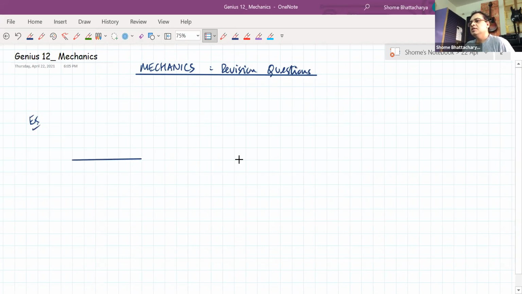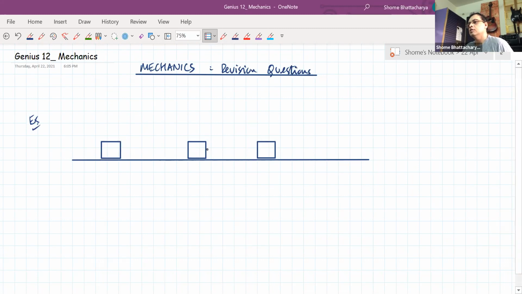So we have a situation like this on a smooth frictionless surface. We have a combination of two blocks connected by a spring, like the problem we were seeing last time. But there's going to be a third block now.